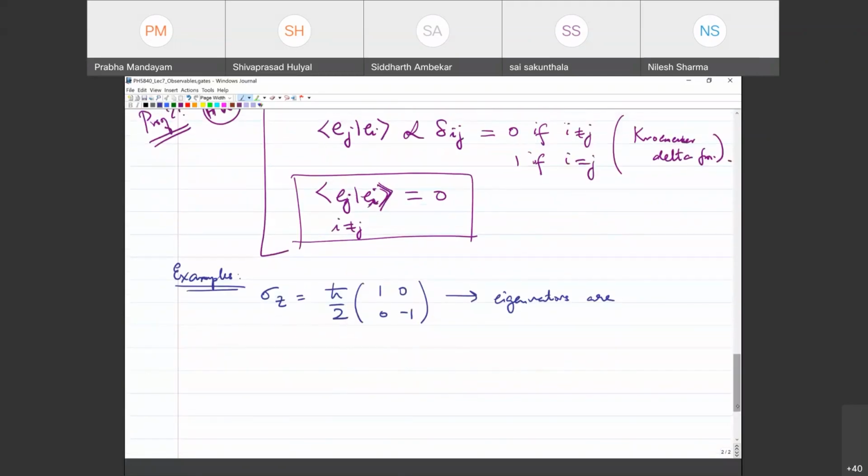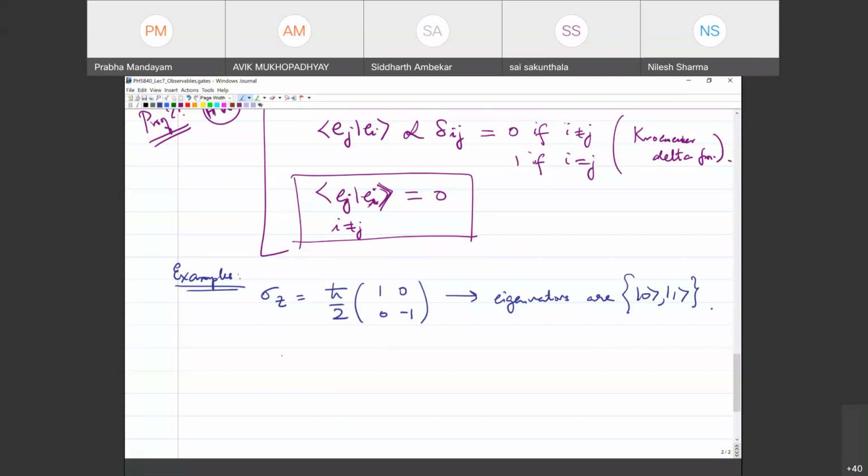Did we not already do this last time? Ket 0 and Ket 1, indeed. So the eigenvectors are what we call Ket 0 and Ket 1, the so-called basic qubit states.